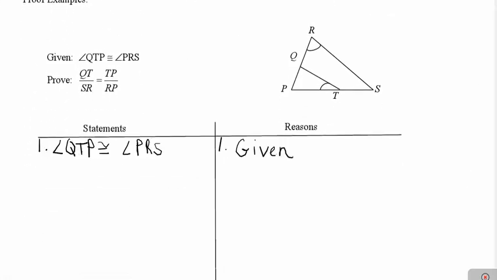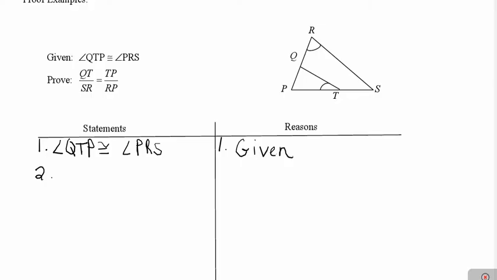The diagram already has tick marks labeled for you. So we have two angles congruent, and notice what we're trying to prove is a proportion. So we still need to start by proving two triangles similar before we can get to that extra step.